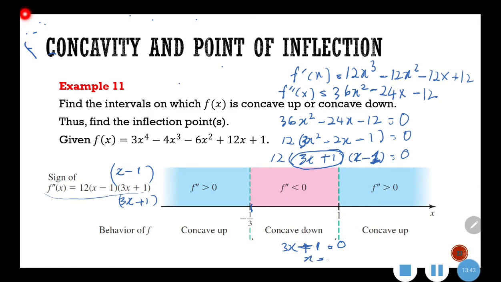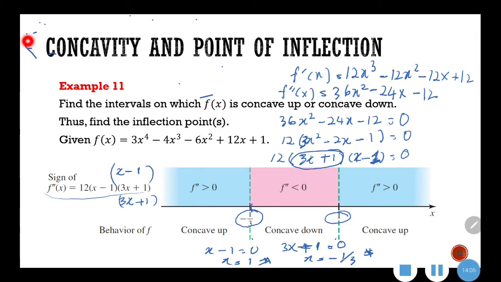So we have x equals to negative 1 over 3, 1 point. x minus 1 equals to 0, x is equals to 1 is another point. So that's why here, if you see, we have real number line test and x equals to negative 1 over 3 and x equals to 1.